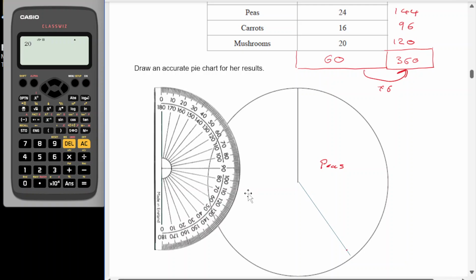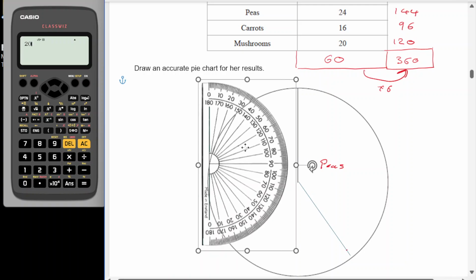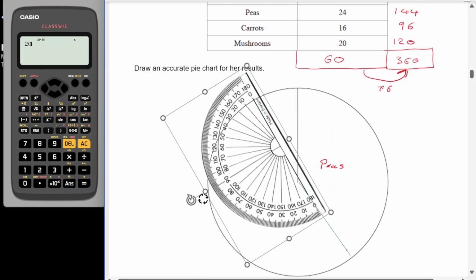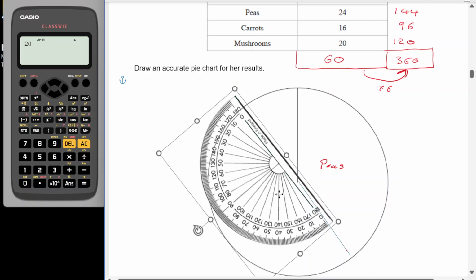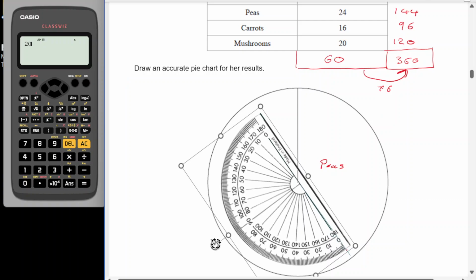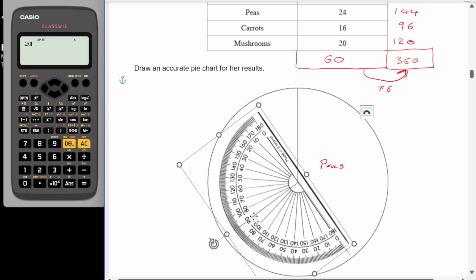My next section is 96. So again, spin my protractor around so that my 0 line is now the new line that I've drawn. So let's just try and get that better matched. So a bit out there, spin it round. There we go. And I'm measuring now 96, so making sure I'm going from the inside numbers. 96 is going to be there.